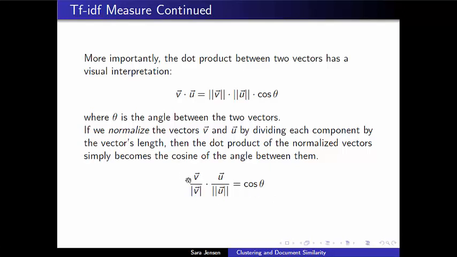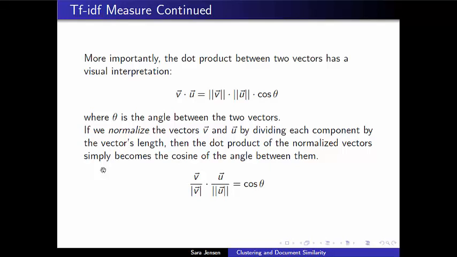So that helps us mathematically focus on just the cosine of the angle portion, which is what's going to be important to us. But normalizing these vectors has a different benefit for our model that's being derived from the real world, which is it takes the length of a particular document out of consideration. So when we take a vector and we divide by its length in this sense, what we're doing is disregarding the number of words that's in a document. We're making everything proportional to how long that document is.